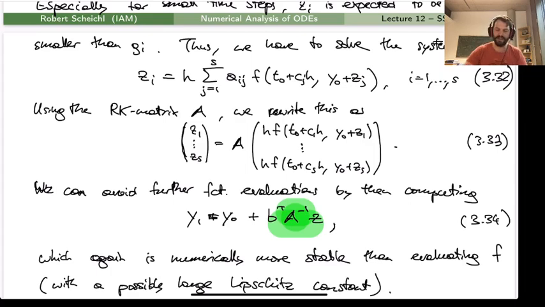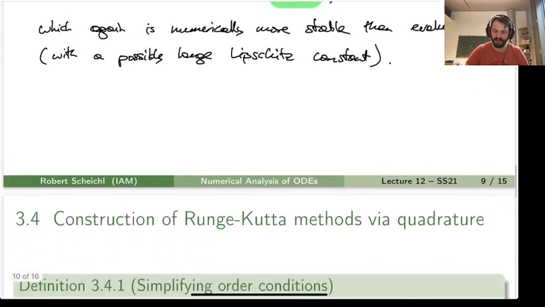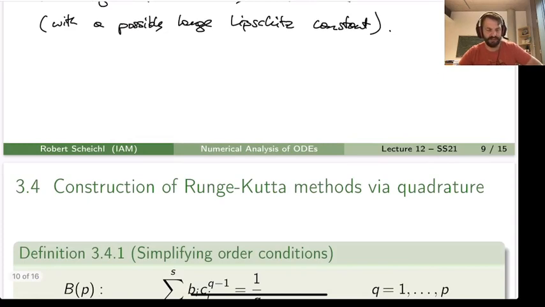Now, in the next section of chapter 3, we want to construct high-order, stable Runge-Kutta methods, again using the relationship to quadrature that we've already highlighted at the beginning of the Runge-Kutta chapter.